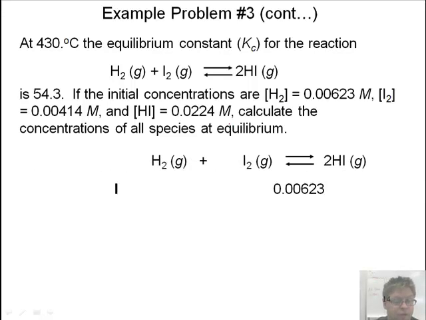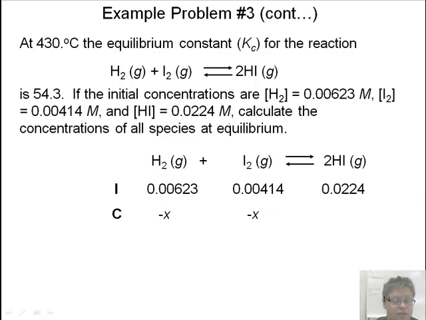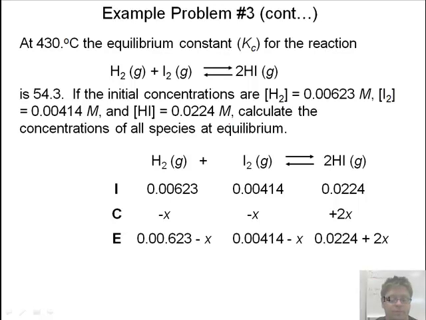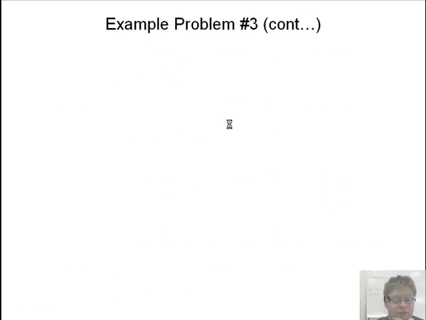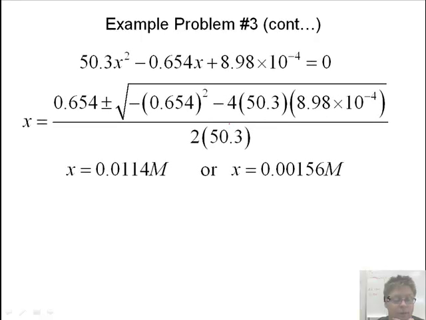So if we look at this, our initial, our change, minus x, it's going to the right, of course, plus 2x. Equilibrium, plug in our values there, and we have our Kc. We're solving again using the K constant to find the equilibrium.